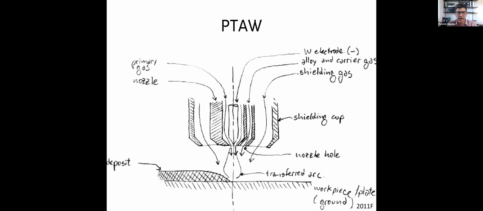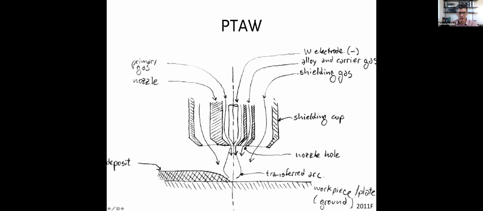We have it in our lab. You'll see videos, and I hope one day you'll see the machine in action. But from the physics point of view, if we explain the mechanisms, plasma is very similar to TIG. We have a tungsten electrode, we have the plate, we have a shielding cup, and we have a shielding gas. All that is the same as TIG, but there is a difference.